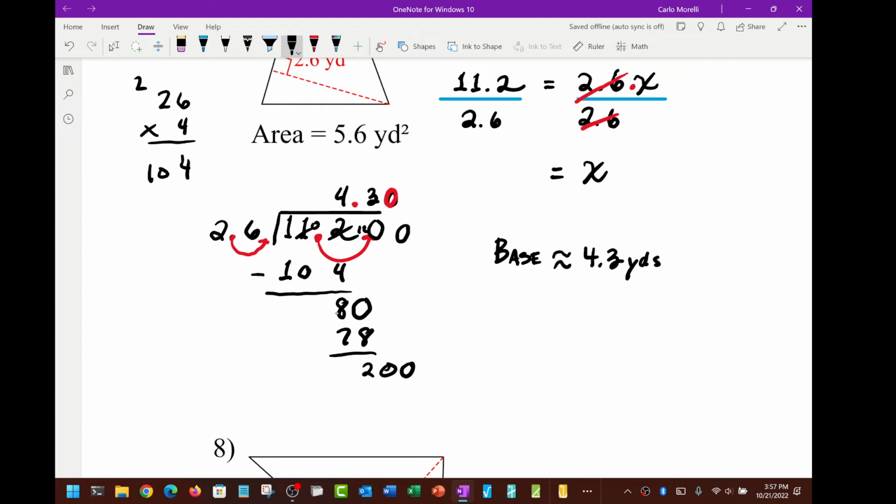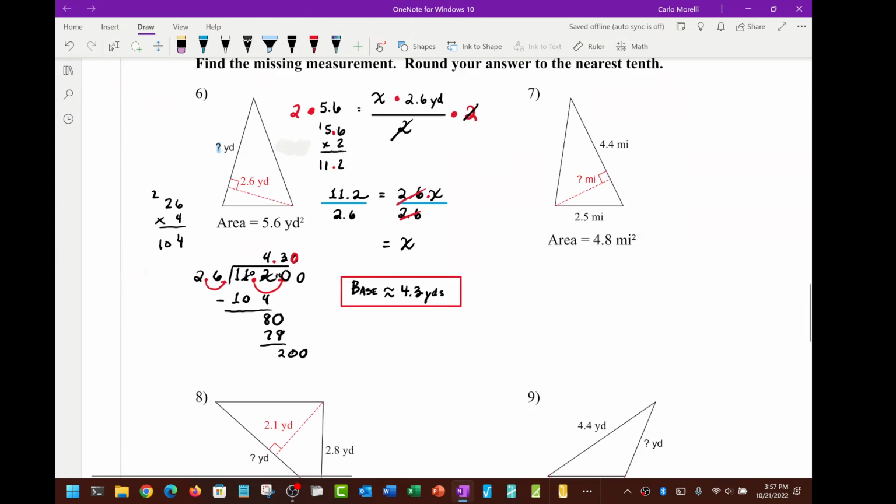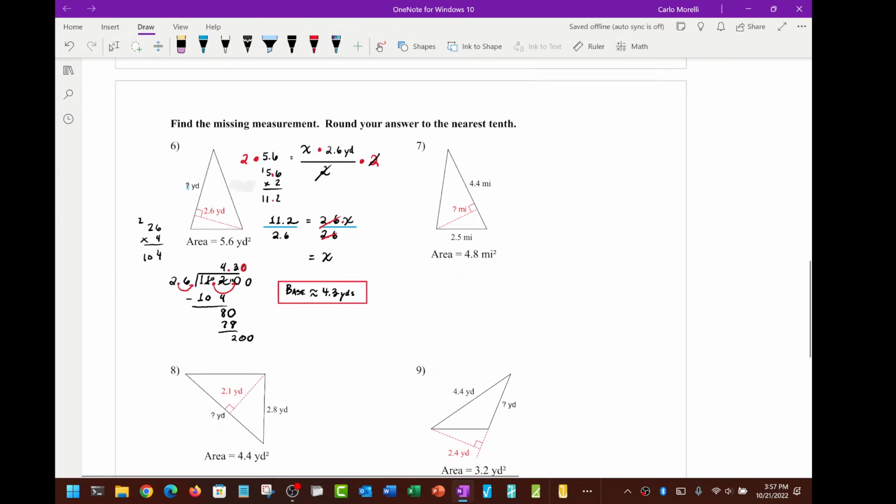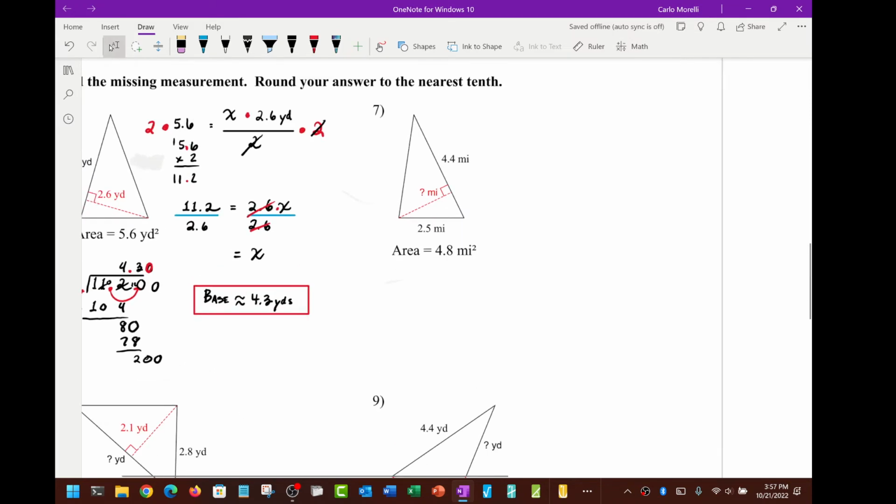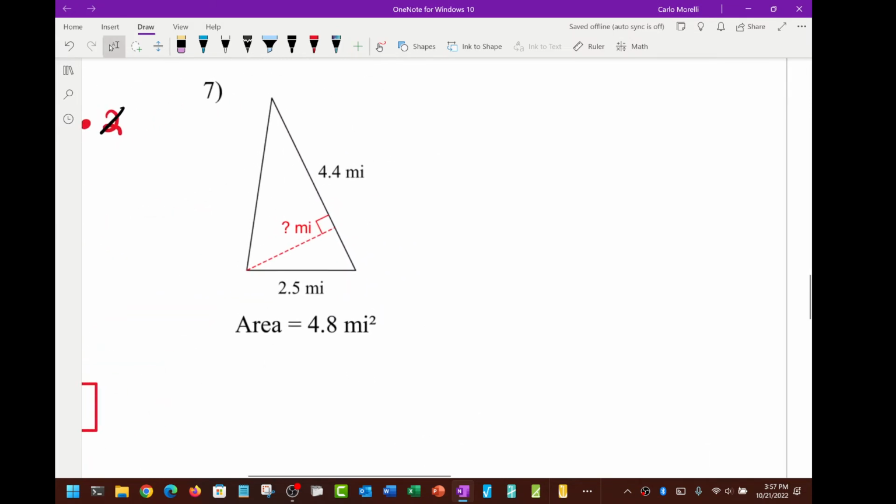We use that squiggly sign to indicate approximate. And put it in a box, red box. Okay, and that was number 6. And we are now moving on to number 7.